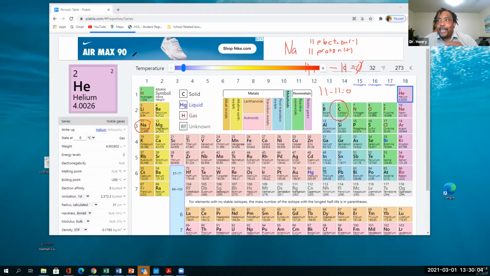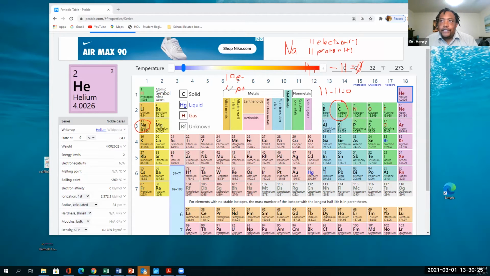Okay, so here's my next thing. If we lose 1 electron, we now have 10 electrons. I'm going to use this e minus for electrons and a p plus for protons.